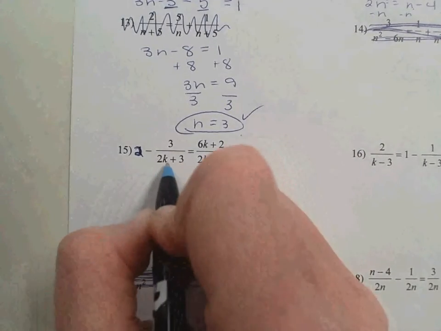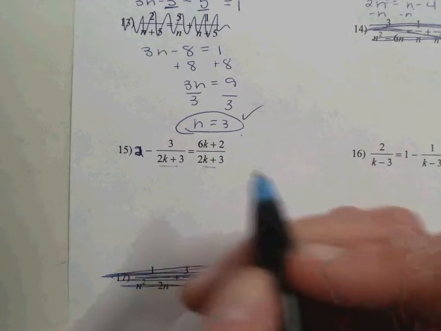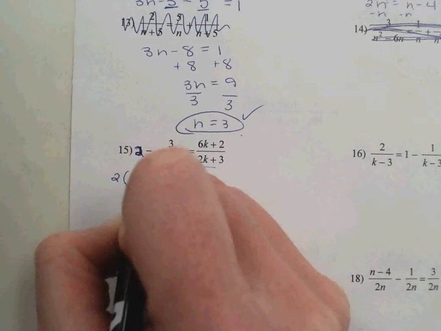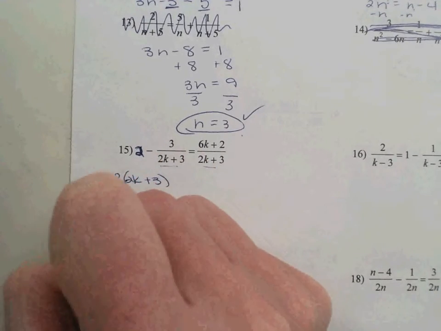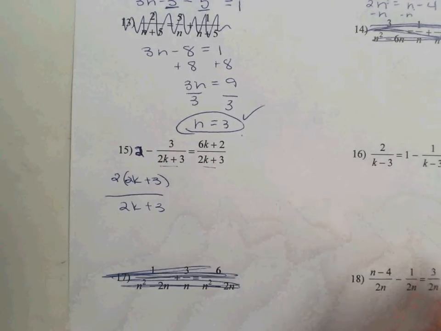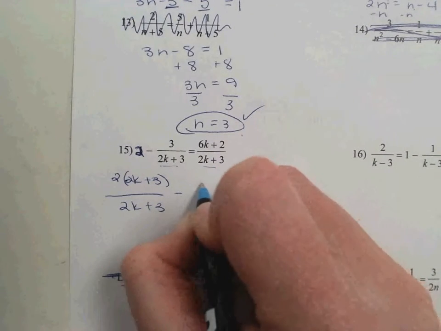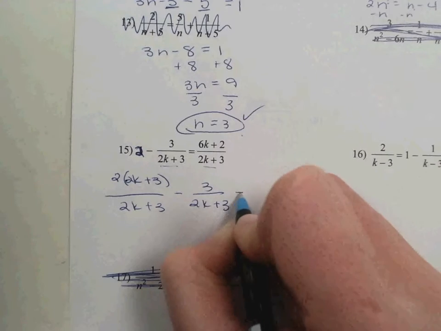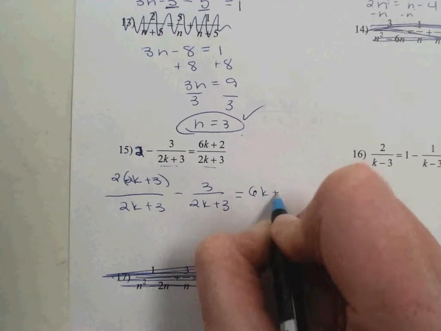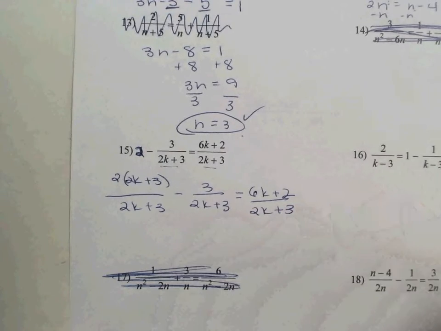So common denominator is already in place, so I'm multiplying 2 by 2k plus 3 over 2k plus 3. And then minus 3 over 2k plus 3 equals 6k plus 2 over 2k plus 3.